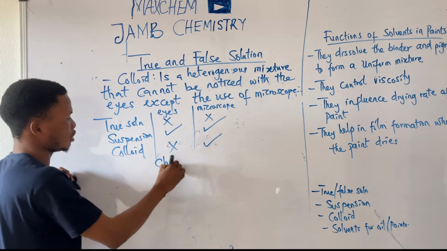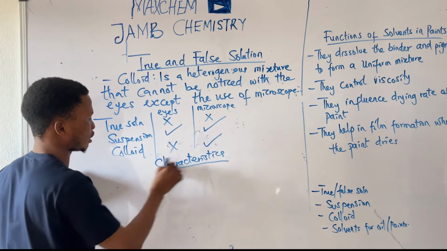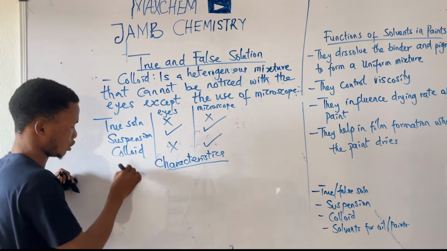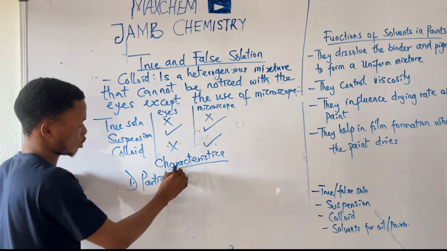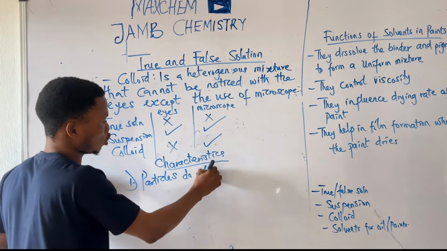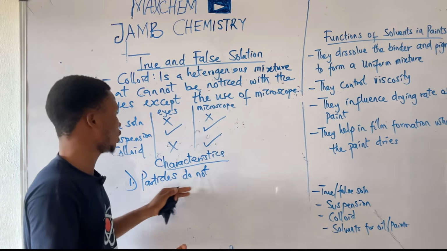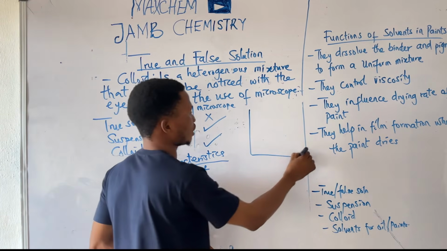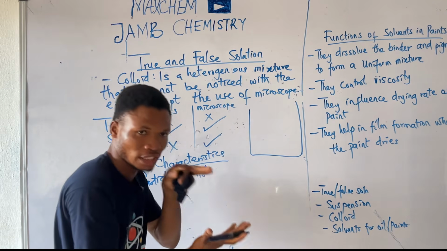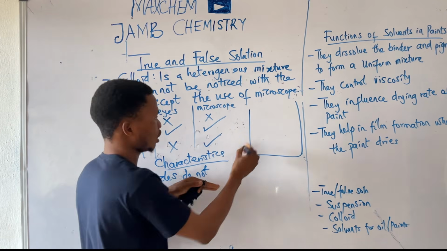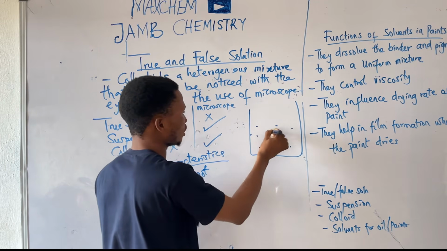So one of the characteristics of a colloid is that, number one, particles do not settle at the bottom. When you put the reaction at rest, if you don't shake it and you let the container be at rest, there will be particles inside, but they won't be noticed with our bare eyes.